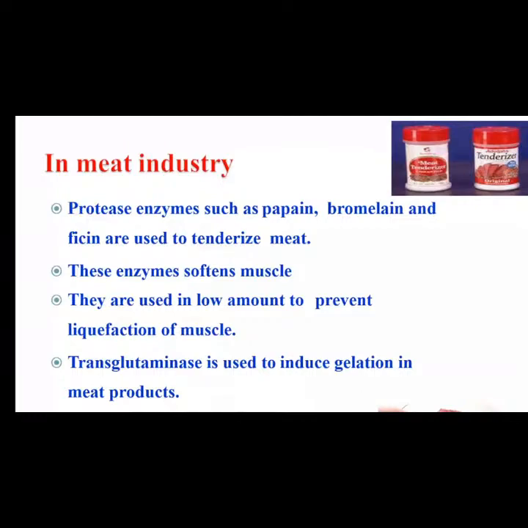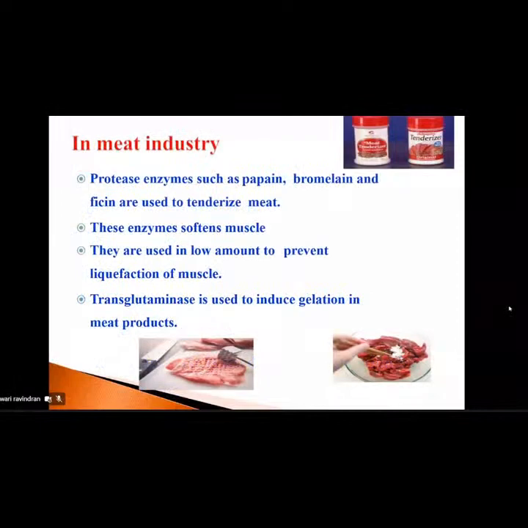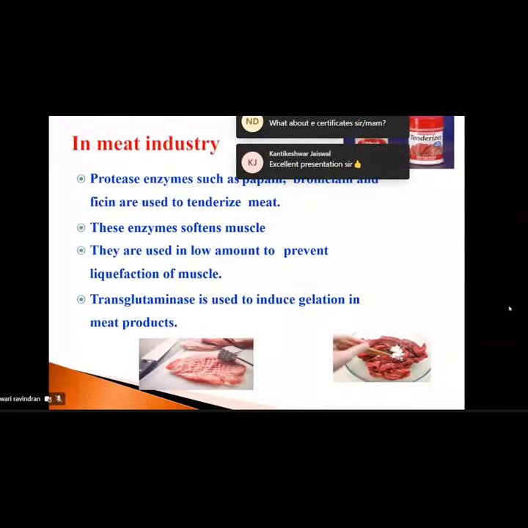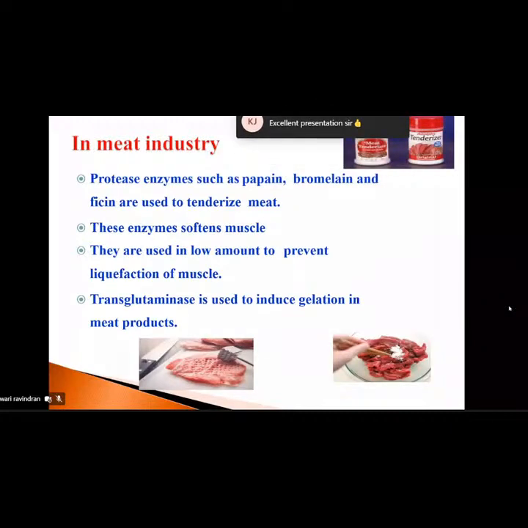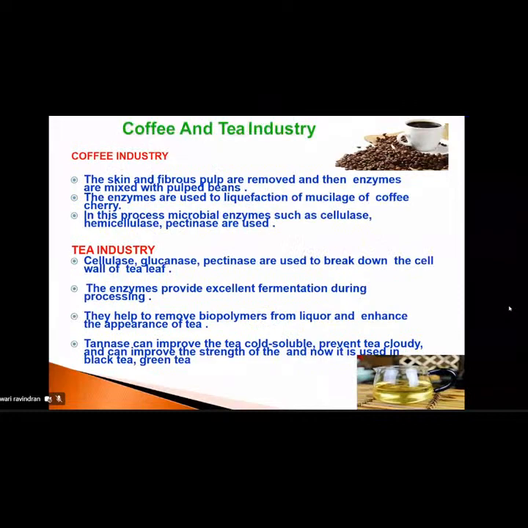And in the meat industry, to make the meat very soft, that is tenderizing of meat, these enzymes are used. These enzymes soften the muscles and make the meat very soft, right? And one more enzyme used in the meat industry is transglutaminase, right? This transglutaminase is used to induce gelation in the meat product.